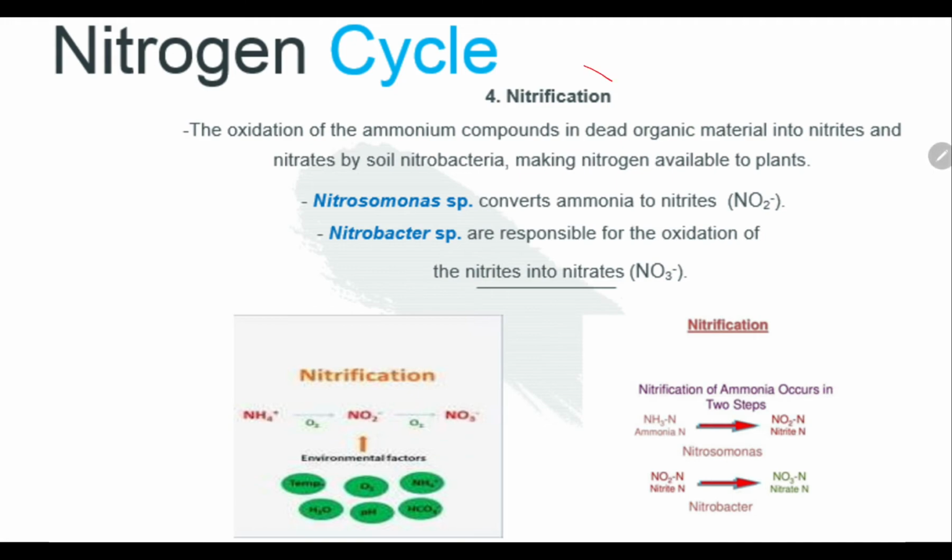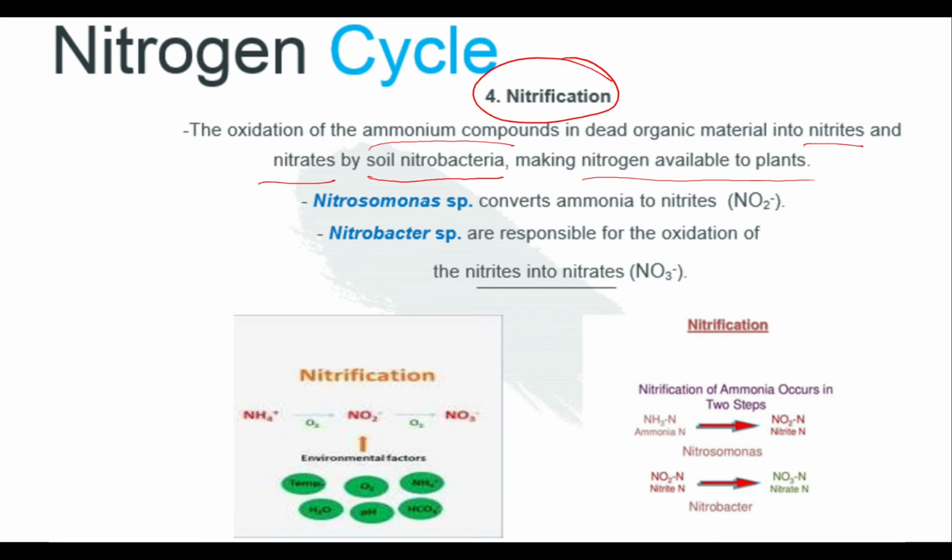The next step is nitrification. Okay, so the oxidation of the ammonium compounds in dead organic material into nitrites and nitrates by soil nitrobacteria, making nitrogen available to plants. Okay, so just now during the ammonification, the bacteria or fungi helped in converting the organic nitrogen into ammonium.